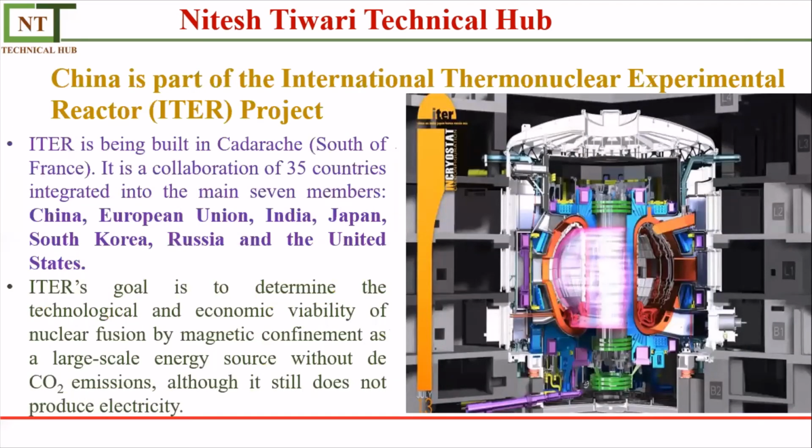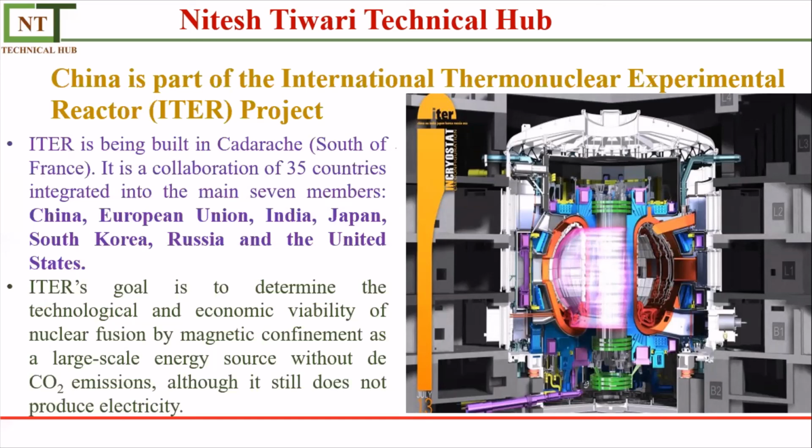So how is China going to make such projects? China is also part of ITER, the International Thermonuclear Experimental Reactor project. ITER is being built in the south of France.